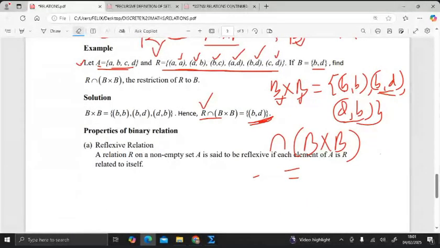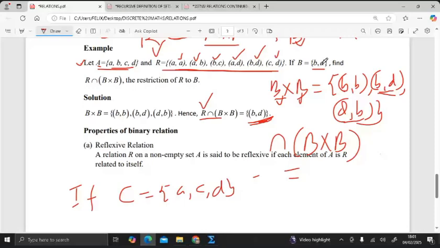So you could even be asked, let's say, if C is equal to ABC. Yes, maybe we can do that. Under properties, we shall deal with that next time. Let me add one more question here.